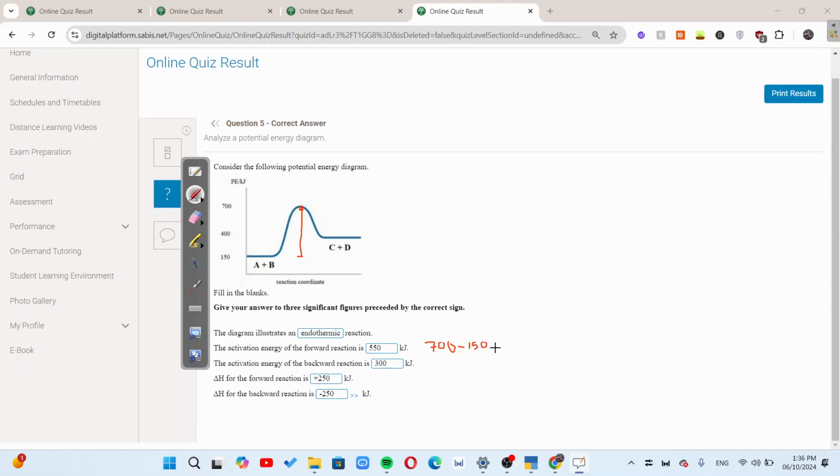You're going to get 550. Now the activation energy for the backward reaction: we said it's from the highest point until it reaches this point here. So it's between 700 and 400, which is 700 minus 400 equals 300.